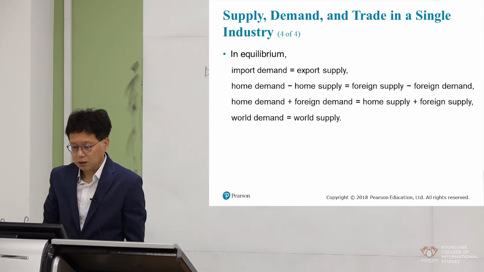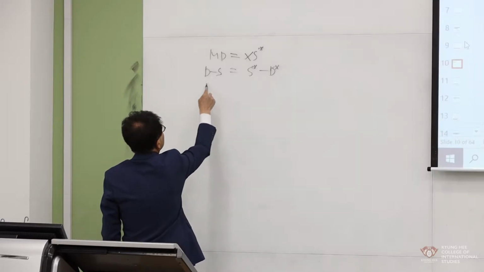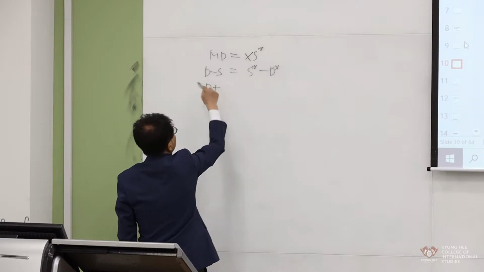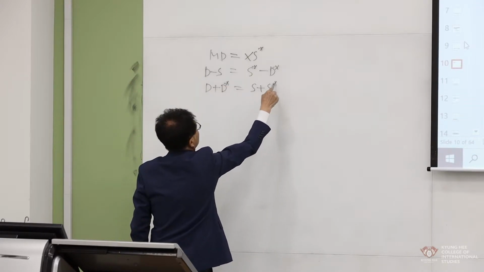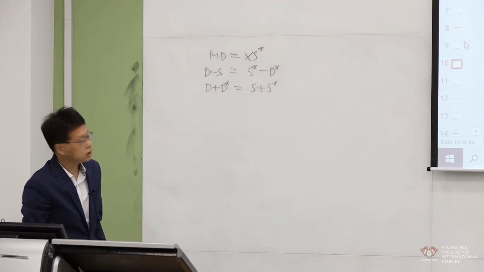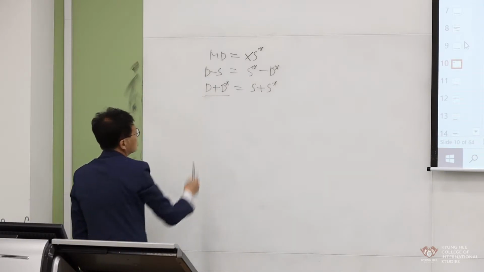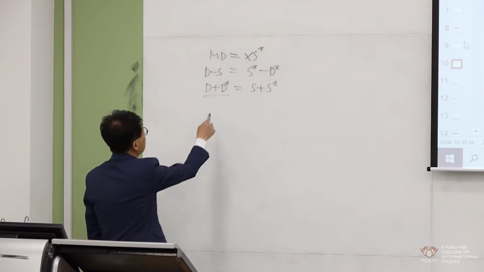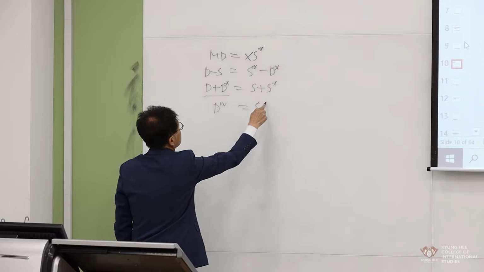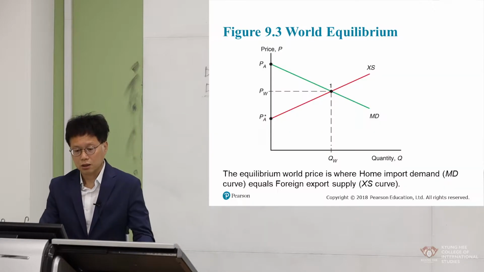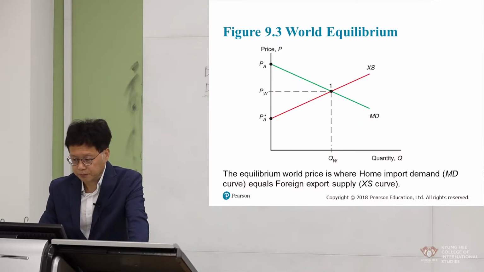And then D plus D star is equal to S plus S star, so the world consists of home and foreign. That is, world demand is equal to world supply. That is slide number 10.